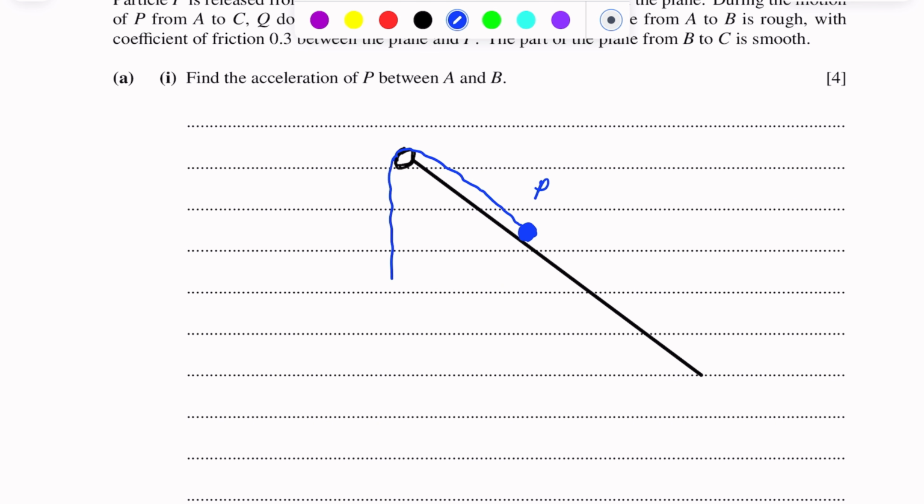On the other end there is another particle Q. Masses are given. Particle P mass is 2 kg. Mass of particle Q is 0.25 kg. This plane is making an angle of 30 degrees to the horizontal.